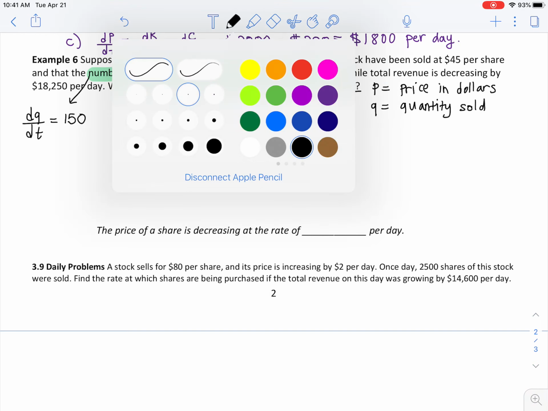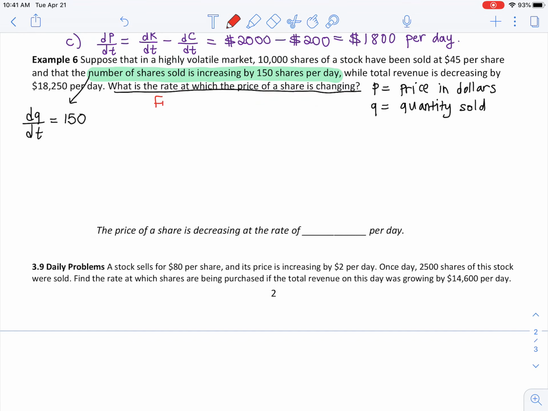So that's what we have. But what they want here is the rate at which the price of a share is changing. They're asking you to find dP/dt. That's what they're asking you to find.